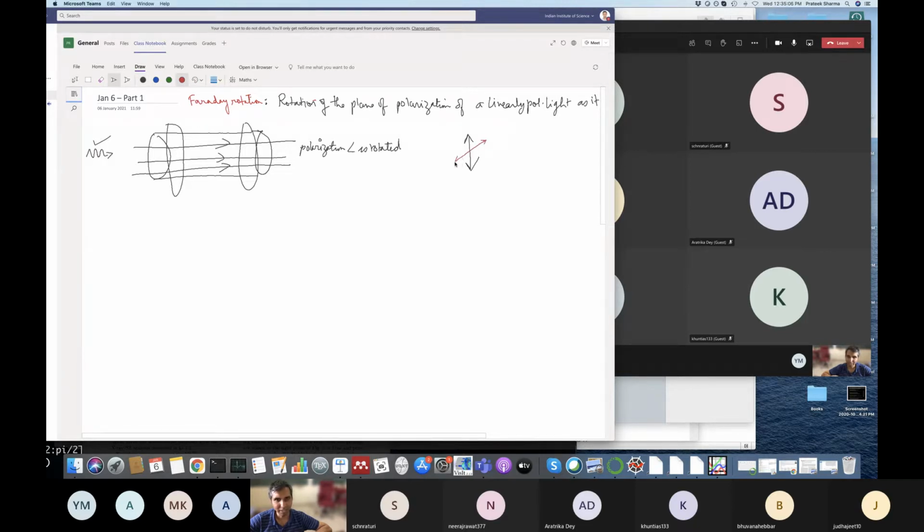So there is this angle introduced in the sense of polarization. And this angle is related to this magnetic field strength and the number density of this plasma. And basically n_e and B parallel is what matters for this.